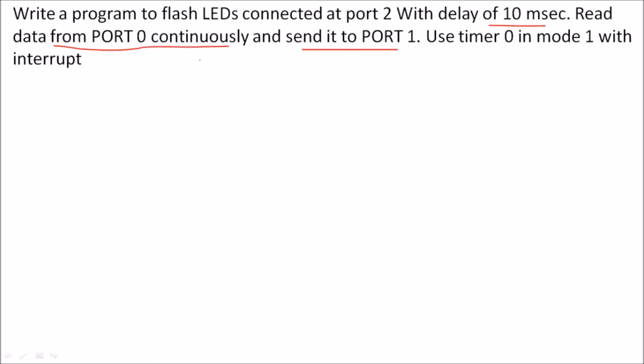So continuously microcontroller will do this work, and when interrupt occurs, it will change the data of port 2 to make these LEDs on and off. So we have to use here timer 0 in mode 1 and interrupt of this timer to generate a delay.